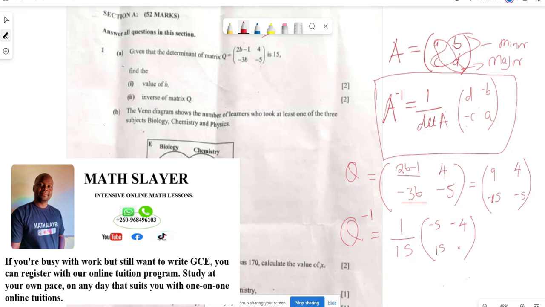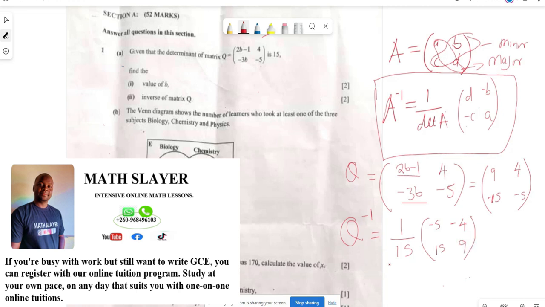A is supposed to be, and instead of us multiplying A by D and B by C, we are changing. It's supposed to be D by A, which is our major, and our minor will be negative B and negative C. So now what are you going to write here? It's supposed to be 9.